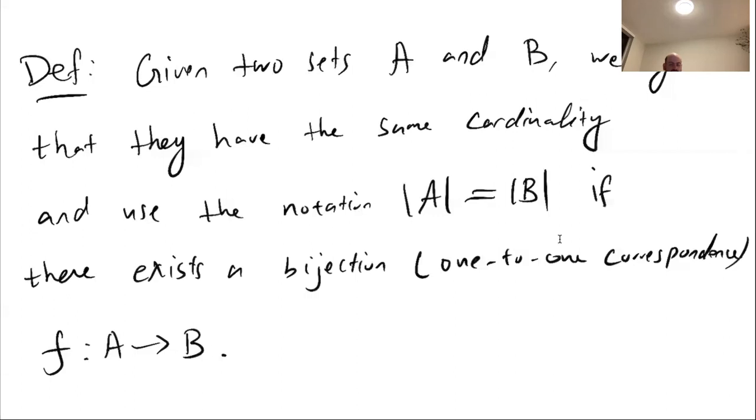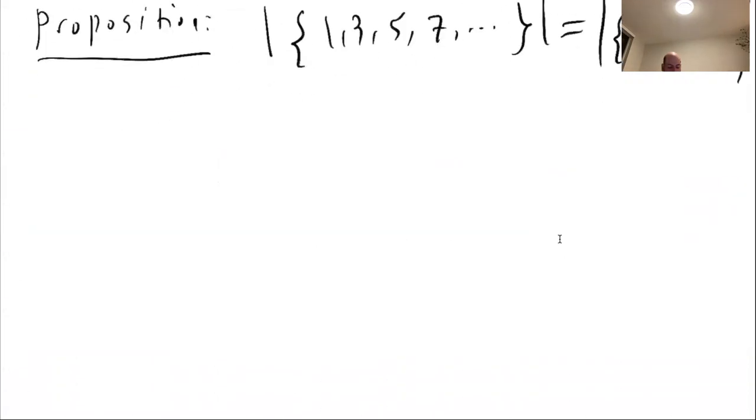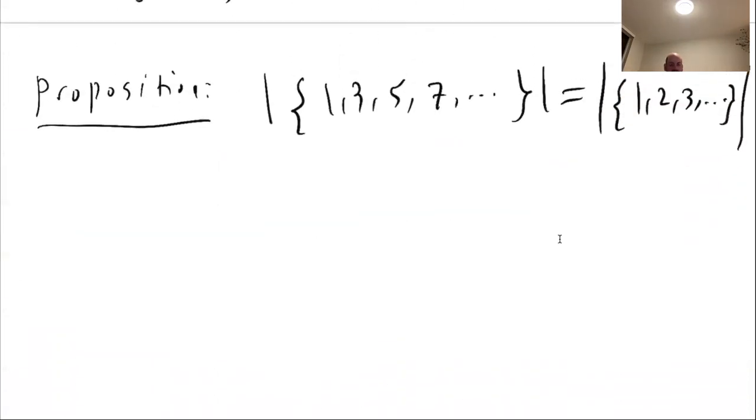When do we say that two sets have equal cardinality? If we can construct a bijection from one set to another. So if I want to show that the cardinalities of these two sets are equal, then I just need to construct a bijection from one set to another.